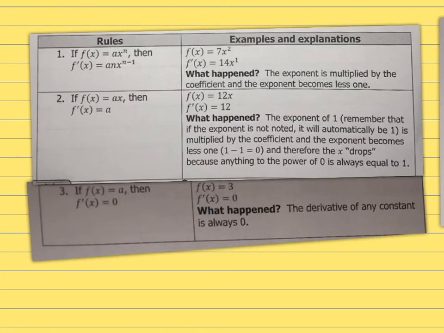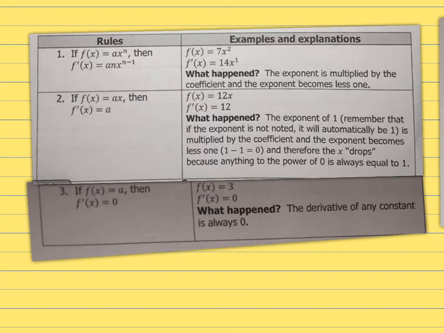Now let's look at the rules. Your first rule says, if you've got f(x) equal to a, any number, times x to the power n, where x is any variable to the power n, the number, then you take your f prime of x equal to a times n, x to the power n minus 1.